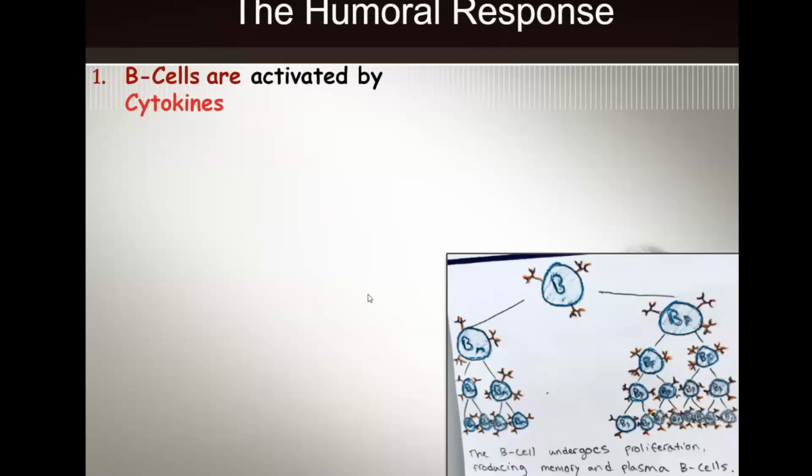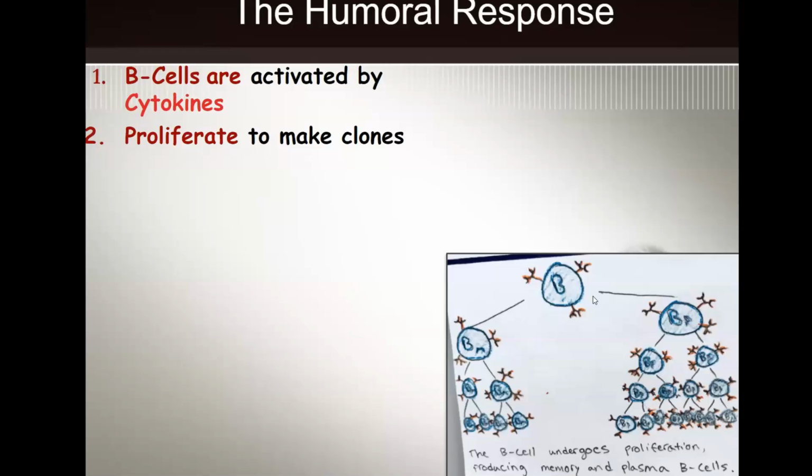So going on about the humoral cells, or the humoral response, you guys read a little bit about this yesterday with the click and learn. They are activated by cytokines. So cytokines will be released from cells, which attract B cells to the area. When they are differentiating to match their specific antigens, they proliferate and make clones.